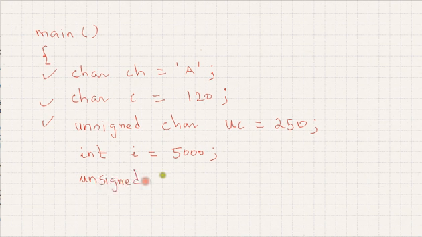Unsigned int, right? Maybe j, some high number. It can be negative too, because it can store negative, right? So we have all those data types, and in the class we will go ahead and talk about long, right, double, float.